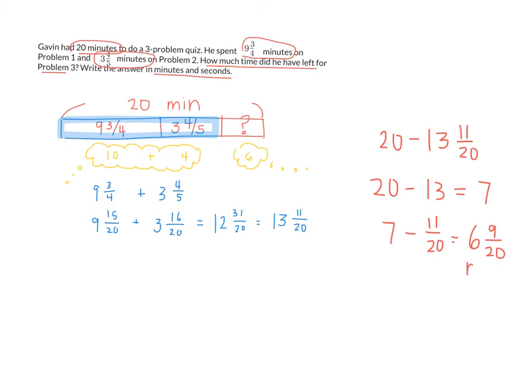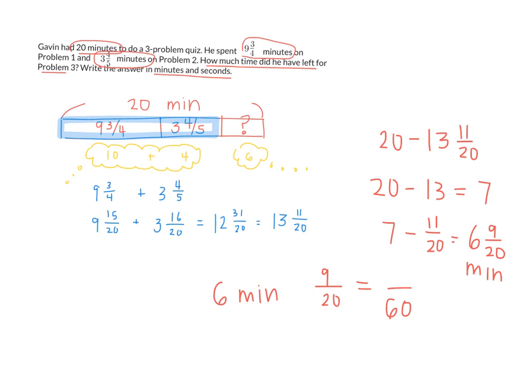It is, yeah, he has 6 and 9/20 minutes, but that's not my final answer because it asks me to write my final answer in minutes and seconds. So I know it's 6 minutes, that's for sure, right? But I have to figure out 9/20 of a minute is equal to how many seconds? Well, just like we were talking about in the problem of the day, how many seconds are there in 1 minute? 60. So I want to make it out of 60.